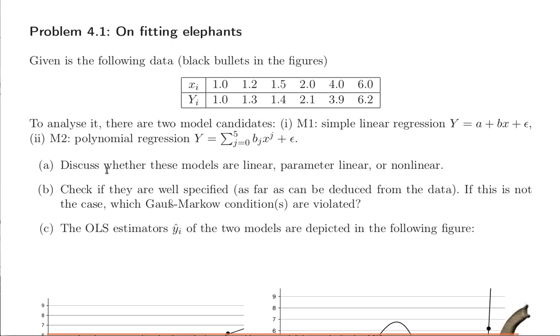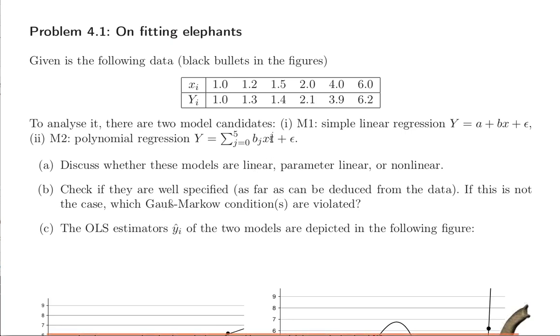So first, are these models linear, parameter linear, or non-linear? They are not strictly linear in the exogenous variable x, but they are linear in the factors x to the power j. So in this sense, they are parameter linear with respect to the original exogenous variable, and linear with respect to the new factors.